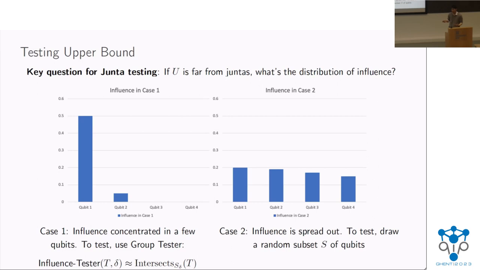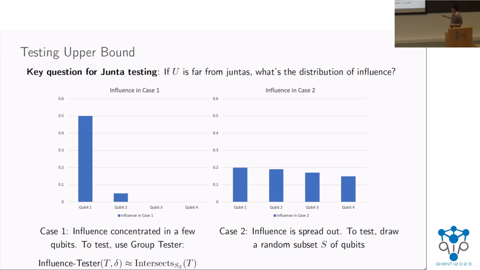This is roughly like asking, does the subset of qubits you have contain one of the really high influence qubits? With this connection, you can see that in this case, the influence tester behaves sort of like an intersect oracle on a high level. And therefore, we can use group testing to suss out this case. So that's how we detect if something is far from a junta in this case.